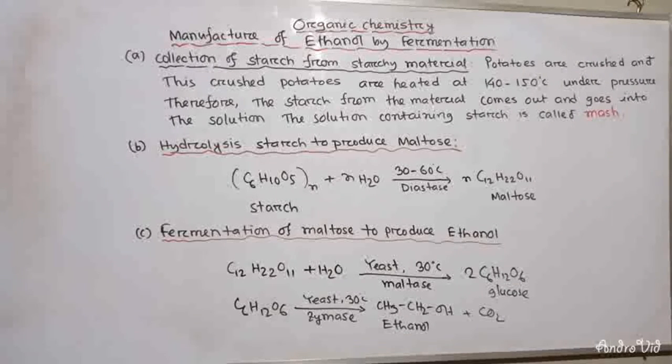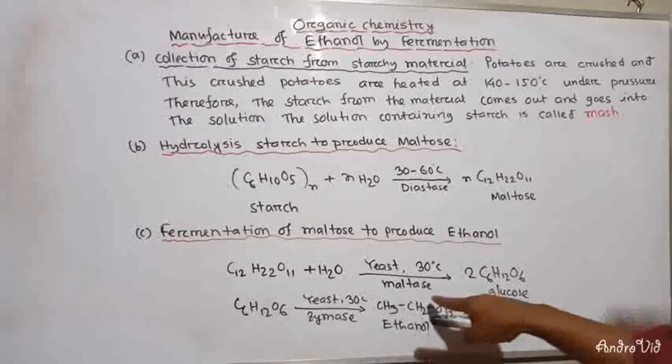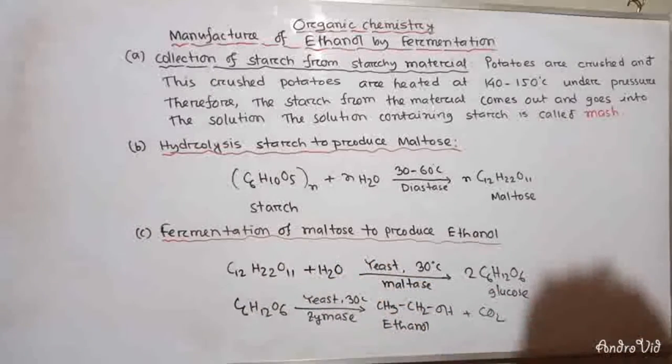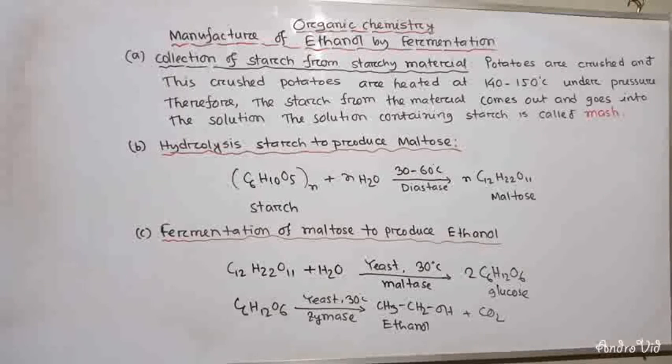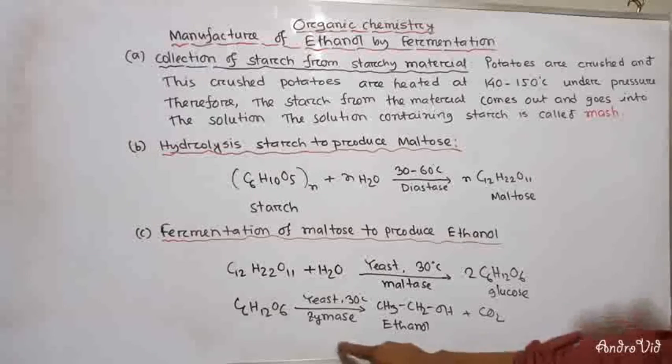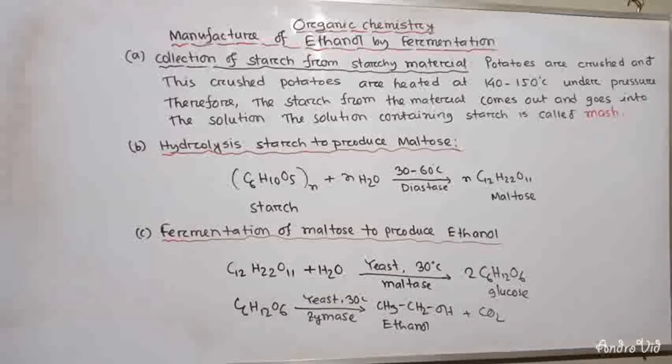After having maltose, you add yeast. It will supply two enzymes. First it will supply maltase, which will convert maltose into glucose, and then yeast will supply the zymase enzyme, and this zymase enzyme will convert glucose into ethanol. By this way you will get ethanol. This process is called the fermentation process.